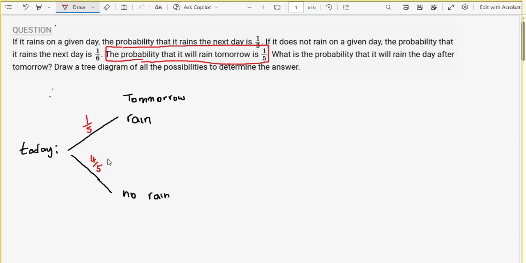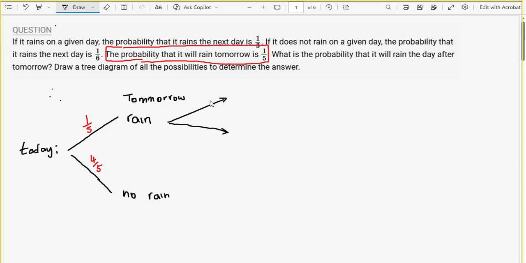Now listen, we're going to continue with the tree diagram. What is the probability that it will rain the day after tomorrow?